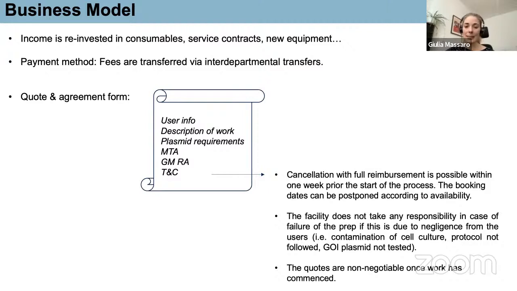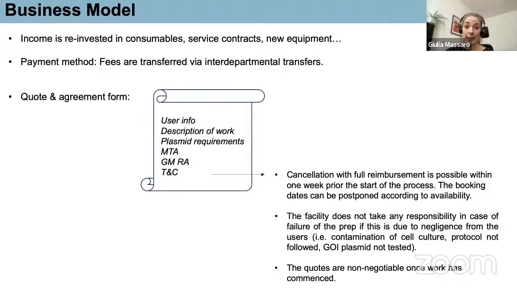When a user contacts me and we decide we have a strategy and a plan, I send them a quote. If they're happy with that, I send them an agreement form in which there are stated all the user's info and contacts, the description of the work that is going to be carried out, and the plasmid requirements, so they have everything written down and available.